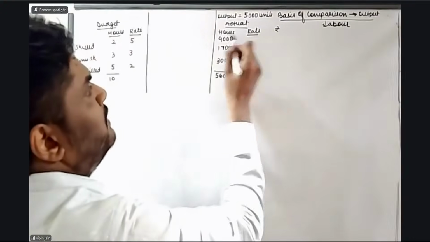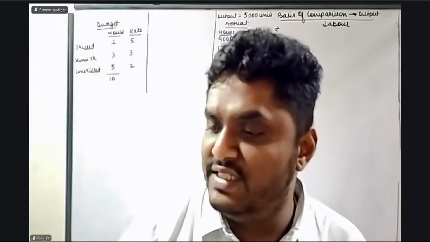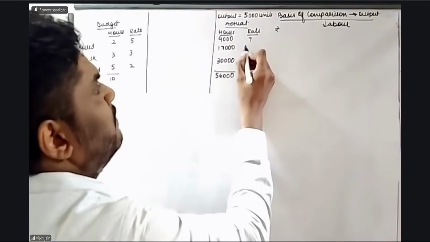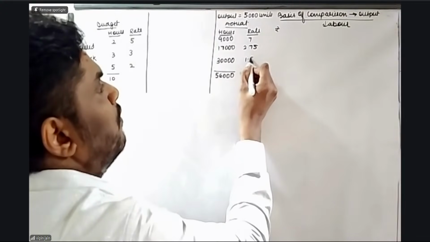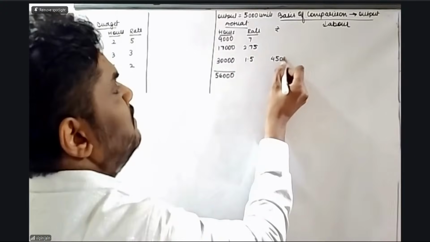Further, the rate is given in the question, that is 7, 2.75 and 1.5. So this will be 45,000.